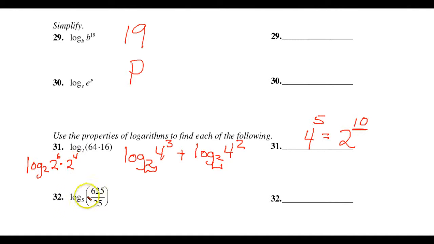Okay, and let's check this one out. Now this is the 5th power. All right, so this is 5 to the 4th divided by 5 to the 2nd. So this is going to be 5 to the 2nd. So the answer they're looking for there is 2.